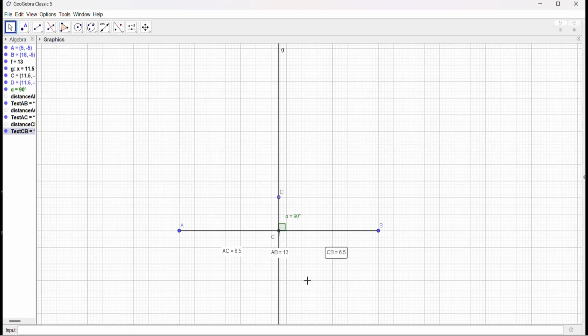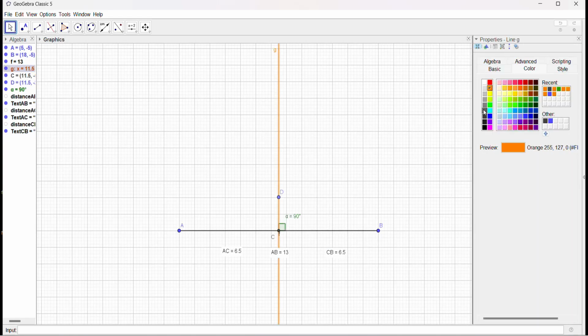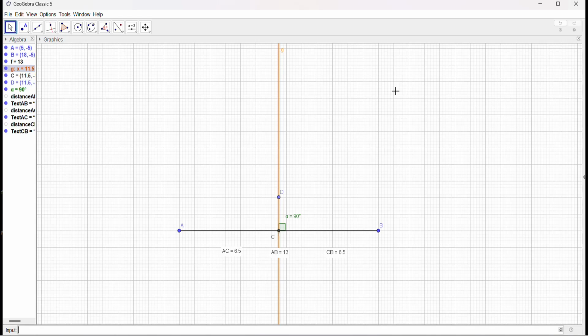Now I am going to show you that in a line segment, only one perpendicular bisector can be drawn, and that perpendicular bisector will always pass through the midpoint of the line segment. So I'm going to change the color of this to orange. Now I'm going to drop another perpendicular bisector on the same line segment.